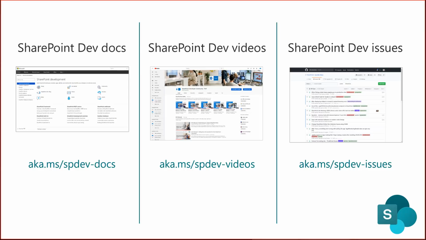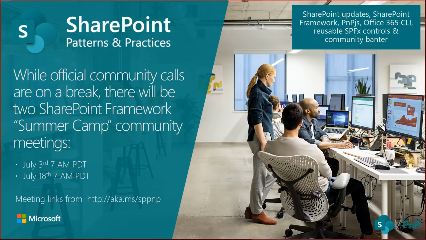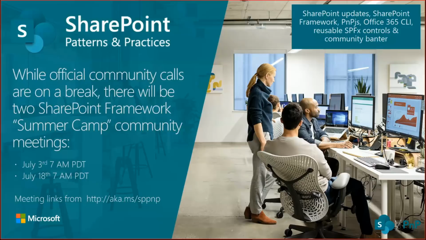Now, like mentioned, we are on a break in July, but there was basically a suggestion from Andrew Connell that even though the official community calls are on break, we would have a summer camp, or we decided to call them summer camp SharePoint Framework community meetings in July. So these are scheduled to happen in the normal SharePoint Framework community call timeframe.